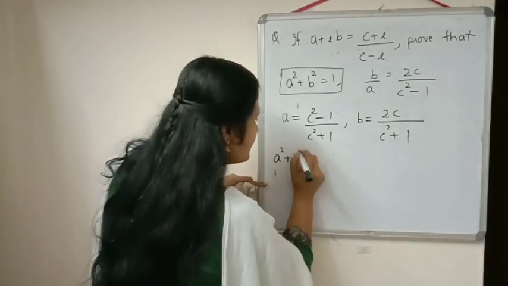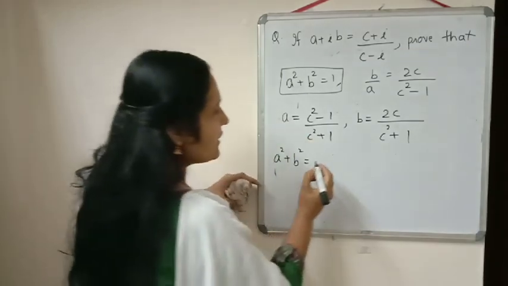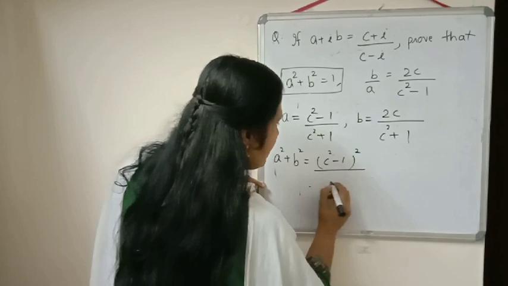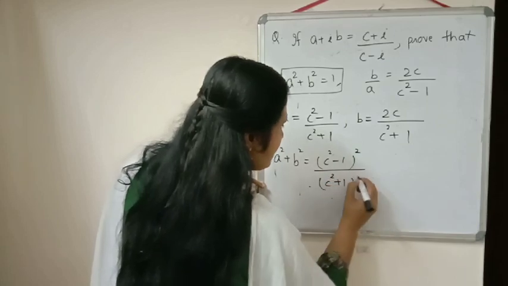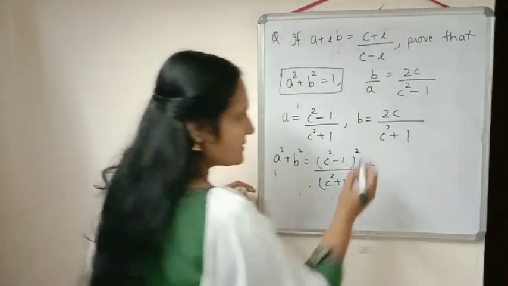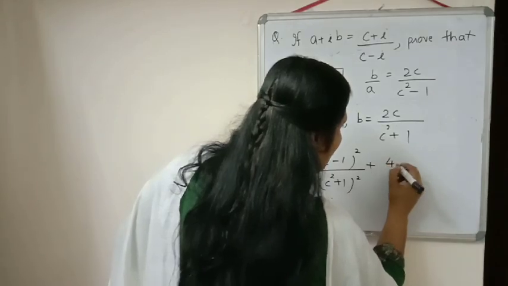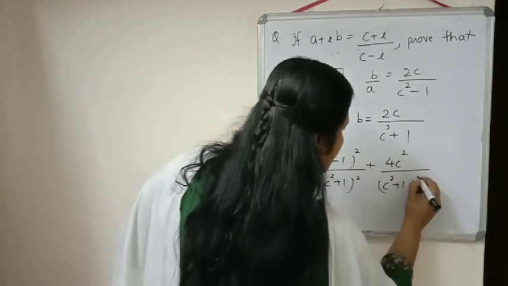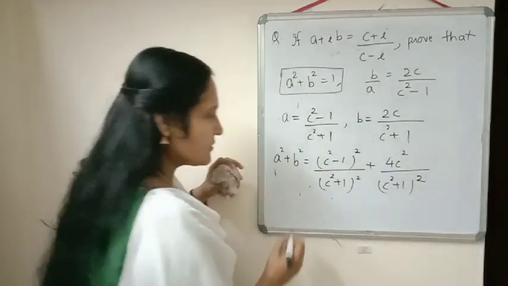a square plus b square. So a square will be equal to (c square minus 1) the whole square by (c square plus 1) the whole square, plus b square. So (2c) the whole square will be equal to 4c square by (c square plus 1) the whole square.